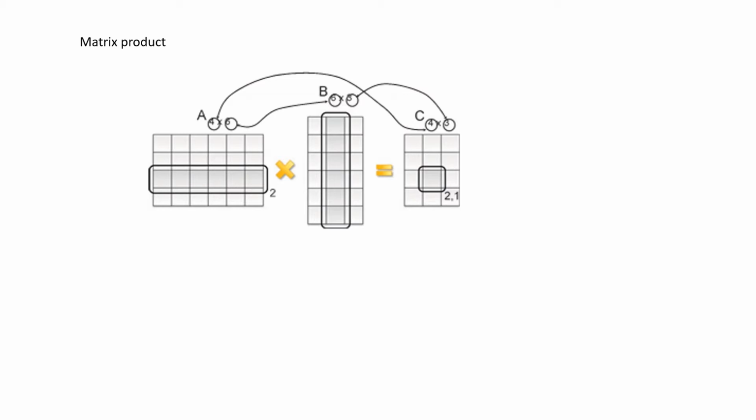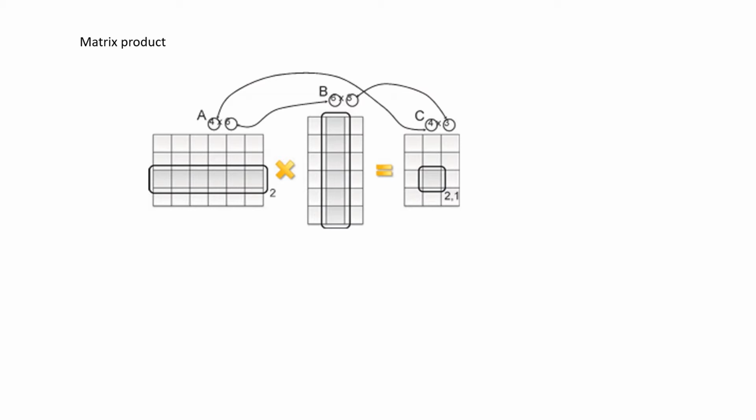And the second condition is that the number of columns of the first matrix must match the number of rows of the second matrix. When these conditions are met, the resulting matrix will have the number of rows of the first matrix and the number of columns of the second matrix.